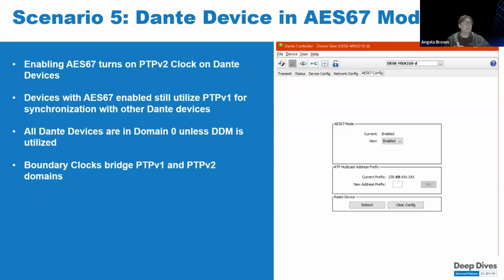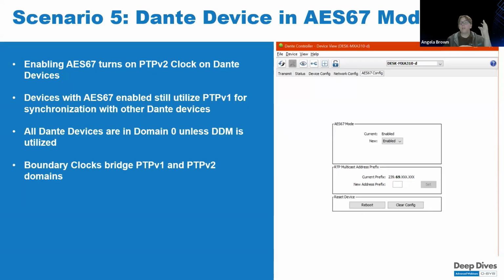Devices with AES67 enabled still utilize PTP v1 for synchronization with the other Dante devices on the network. We've already talked about Dante devices being in domain 0. And then we are just getting into now this concept of a boundary clock.